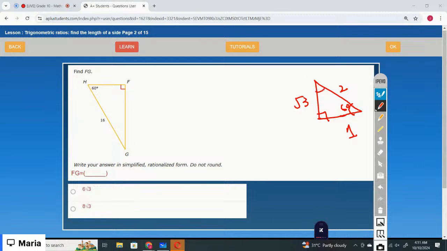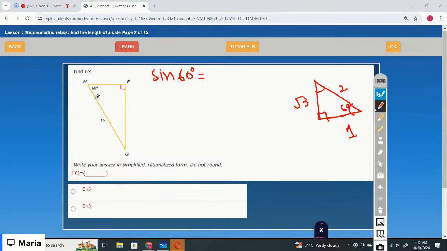You need to find FG. So you have to calculate sine 60.